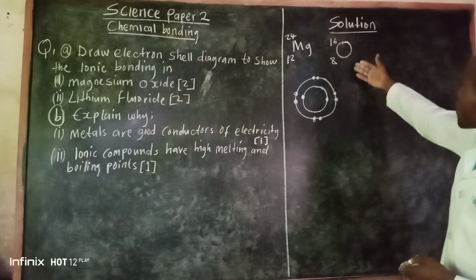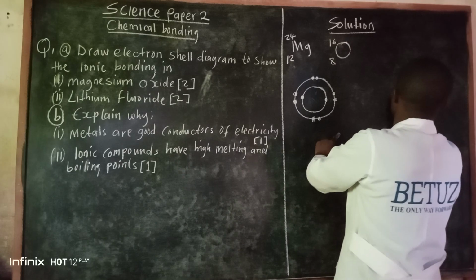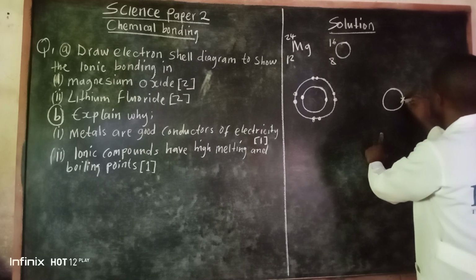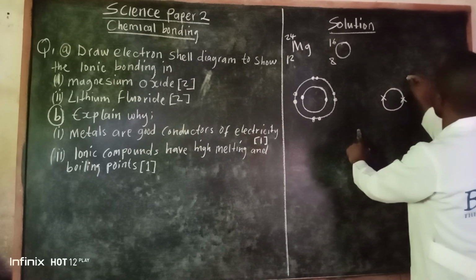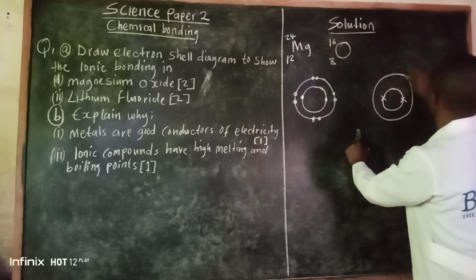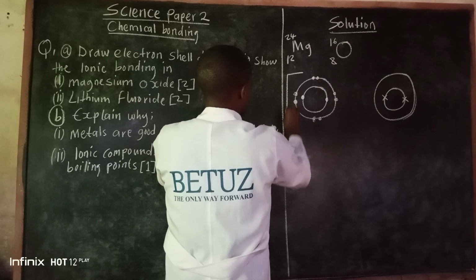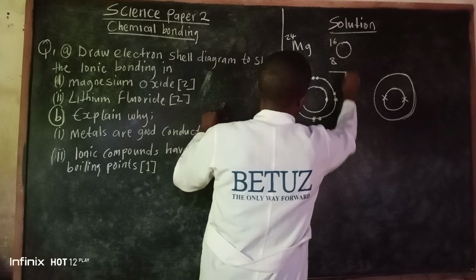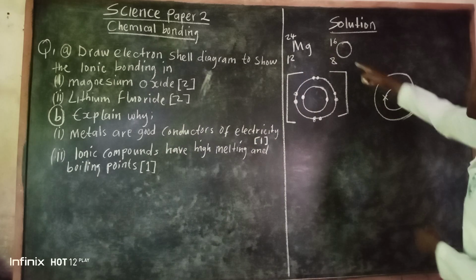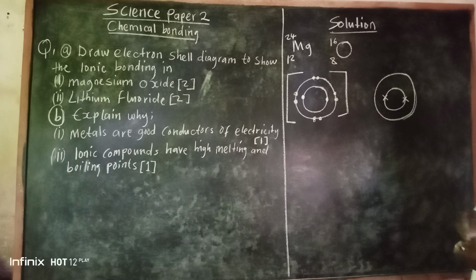Now, when it reacts with oxygen, which is the non-metal, let us also write it here. For oxygen, the first shell should always contain how many electrons? 2 electrons. Then we come to the last shell, where we also need to indicate the curly bracket. On oxygen, we have an atomic number of 8, so 8 electrons.